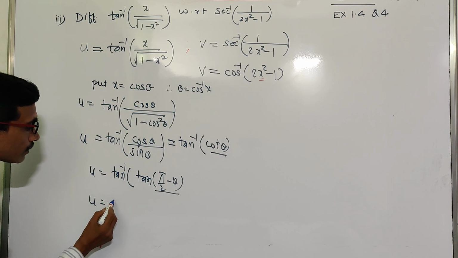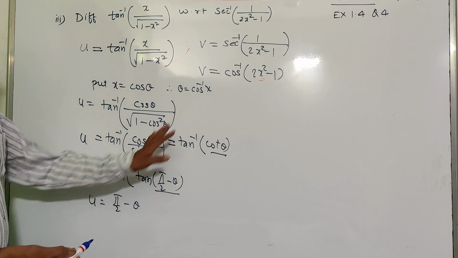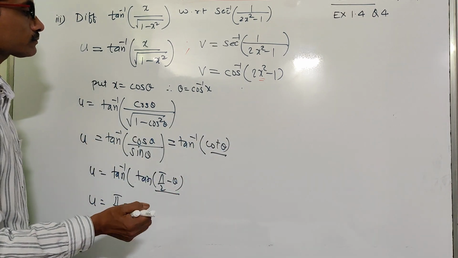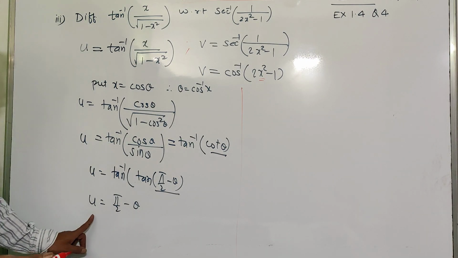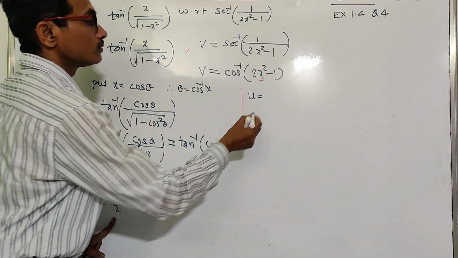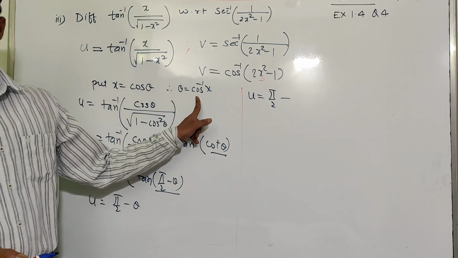So u is equal to pi by 2 minus theta, but our theta is cos inverse of x, so u is equal to pi by 2 minus cos inverse of x.